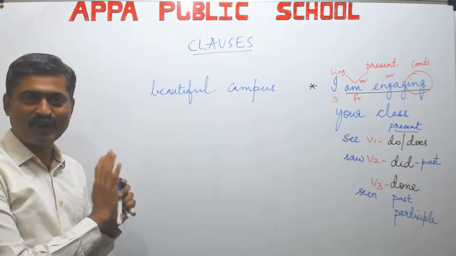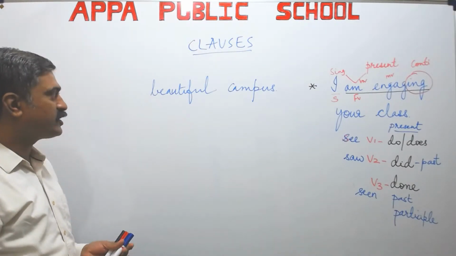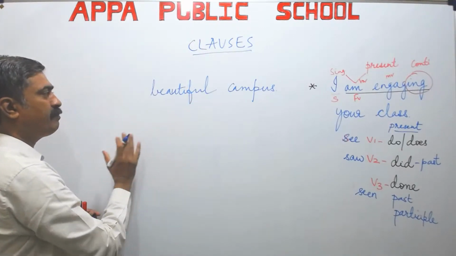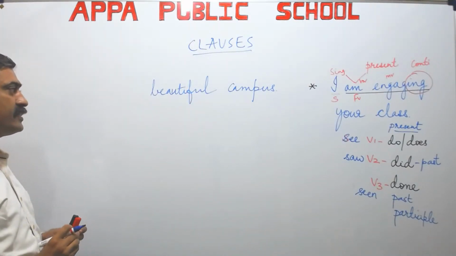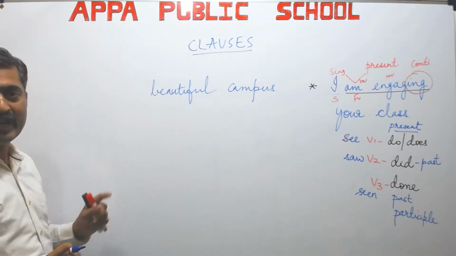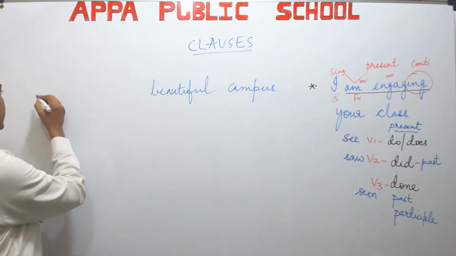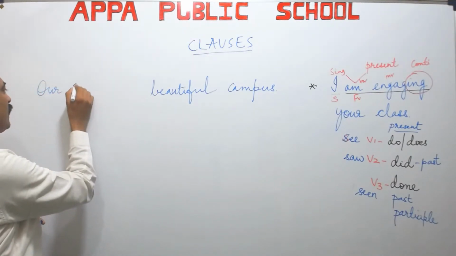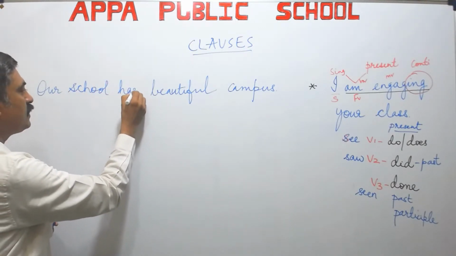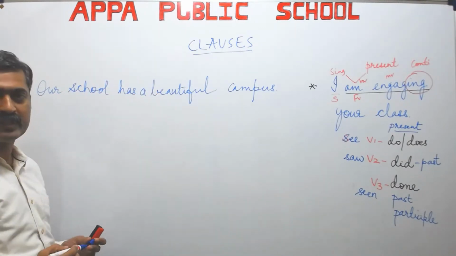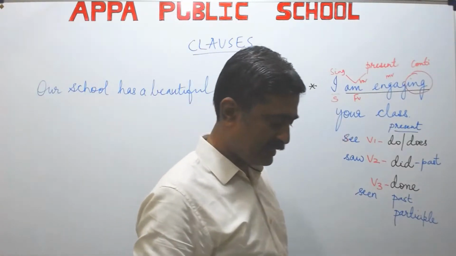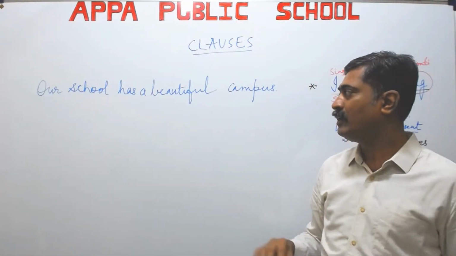Naturally, these two words will not make that sentence. It's only to tell you how part by part we can construct this sentence. Beautiful campus. I want to relate it to my school. So we can say, our school has a beautiful campus. Our school has a beautiful campus is the example that we have chosen right now.